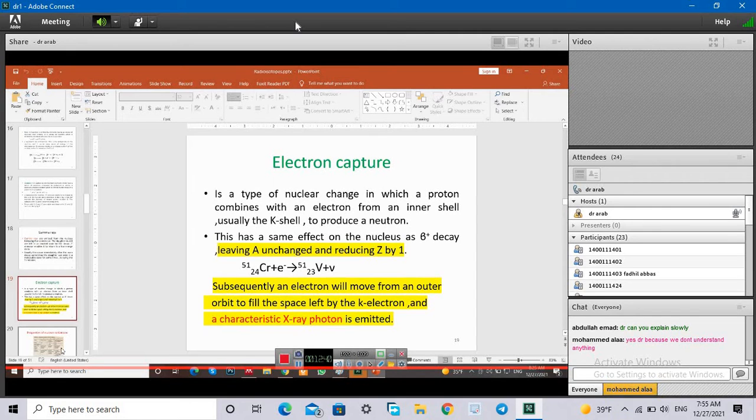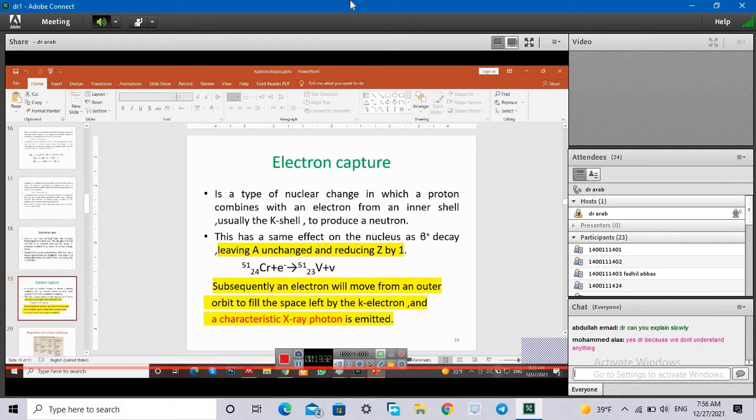Perhaps I will ask you in which nuclear reaction we can have X-ray emission, and you should say that in the electron capture reaction, besides particle emission, we can also have X-ray radiation, because in electron capture the arrangement of the electron orbitals is different, and in this situation, with emission of X-ray, we can return to the original state of electron arrangement.